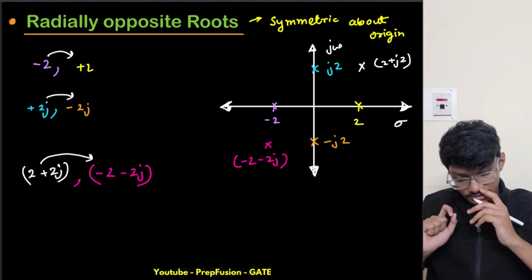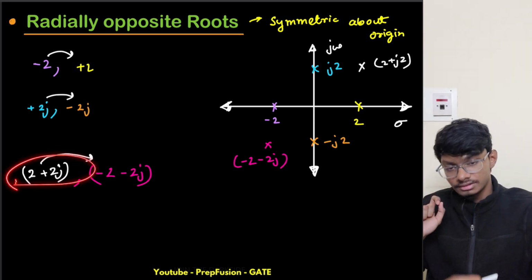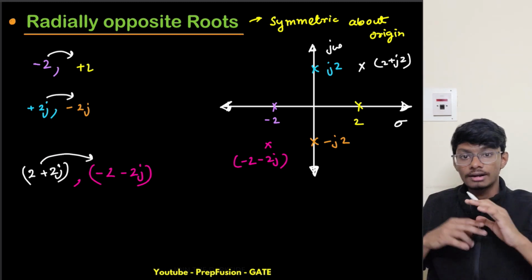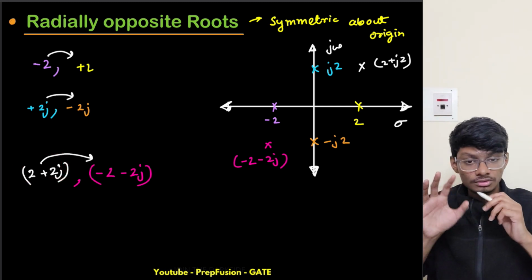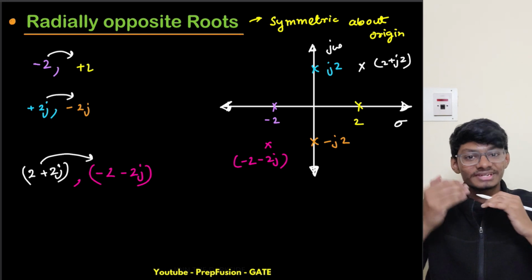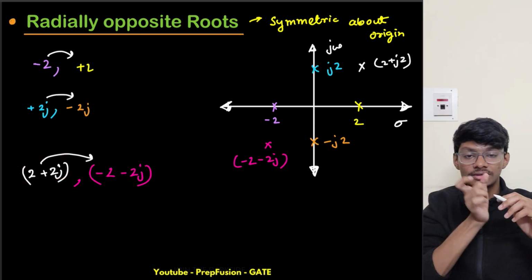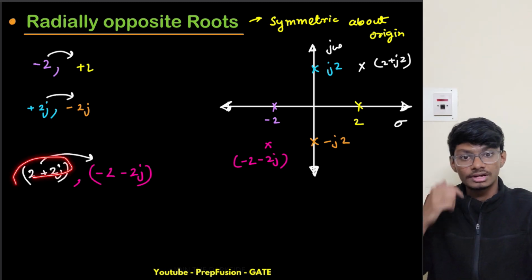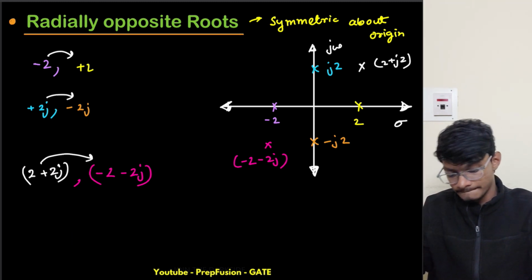If I have a root here, then as the coefficients of my polynomial are all real, we know that a complex root doesn't stay alone. It likes to stay with a pair. So a complex root always comes with its complex conjugate pair. If I know I have a root here, then I must have a root at 2 minus 2j.